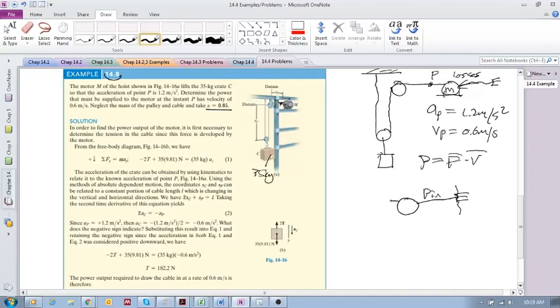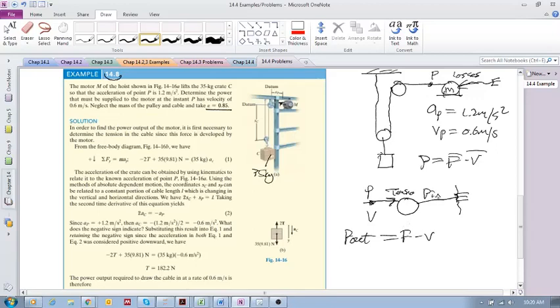Then this motor is now, there's point P, right? This motor is now pulling. It's applying a force, a tension. Okay, it's applying a tension. So if I know what the force at point P is and I know the velocity at point P, I can work out P out equal to force times velocity.